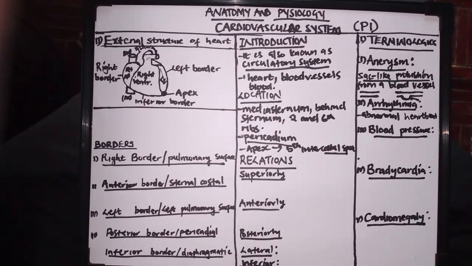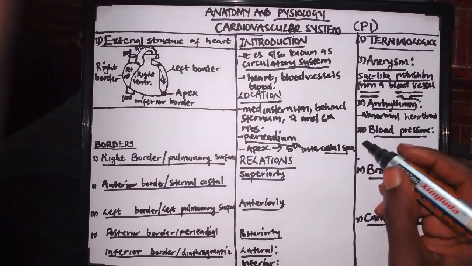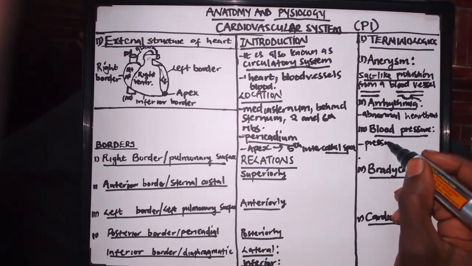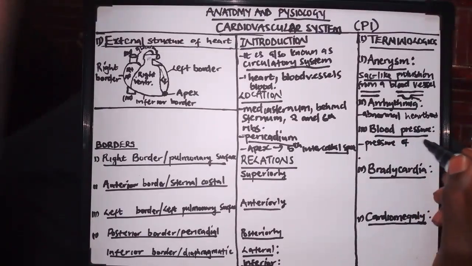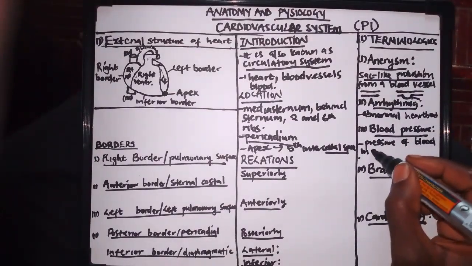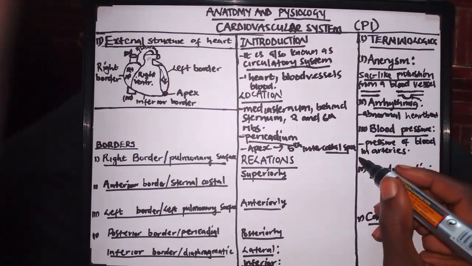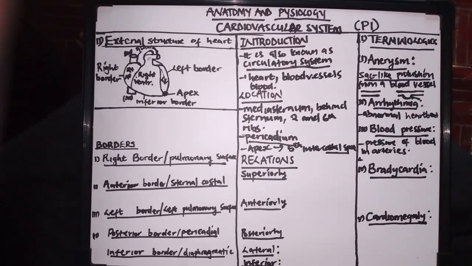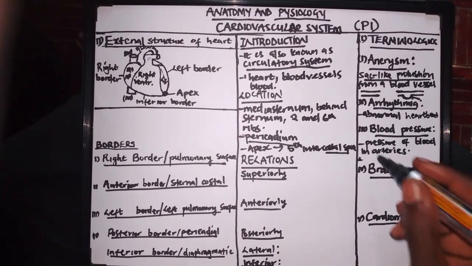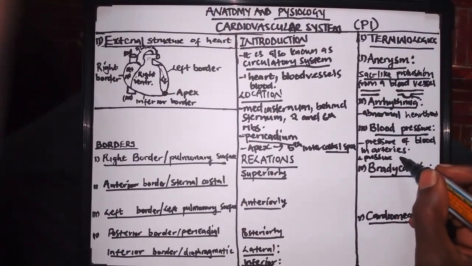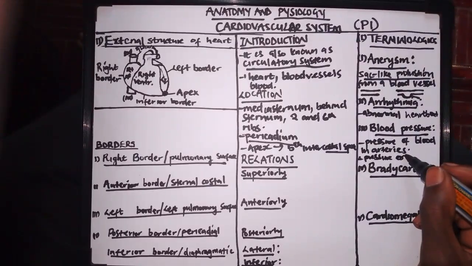So blood pressure can be defined in two terms. One, it is just the pressure of blood in arteries. Or it's just the pressure which is exerted by the heart.